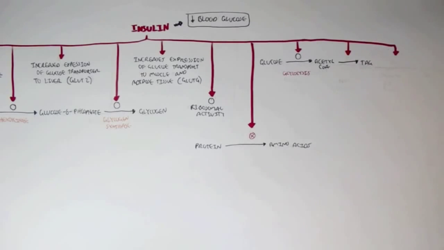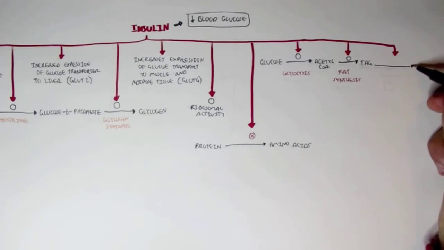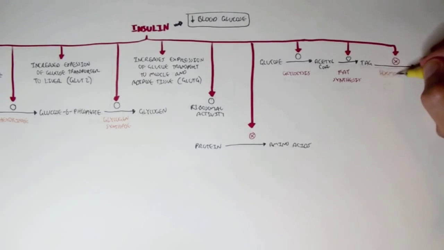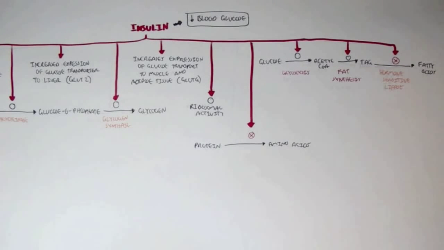So it promotes glycolysis, as well as fatty acid synthesis from acyl-CoA to triacylglycerols. And finally, insulin also inhibits hormone-sensitive lipase, which is responsible for the degradation of triacylglycerols to fatty acids. Of course, insulin also prevents beta oxidation, the conversion of fatty acids into acyl-CoA.